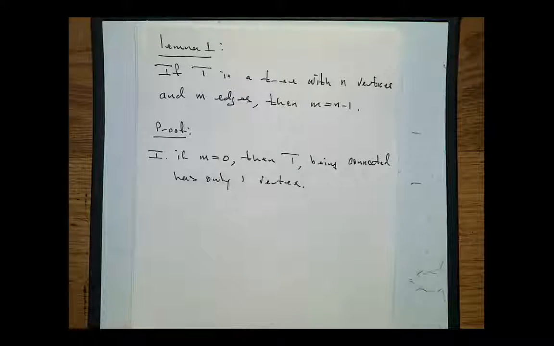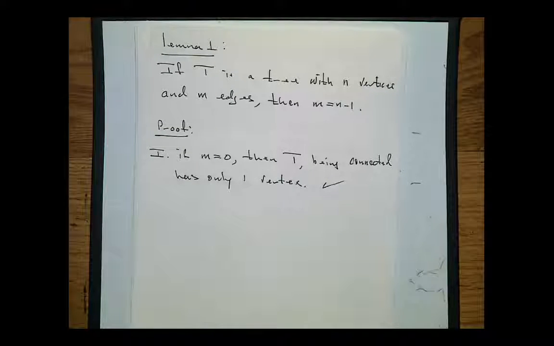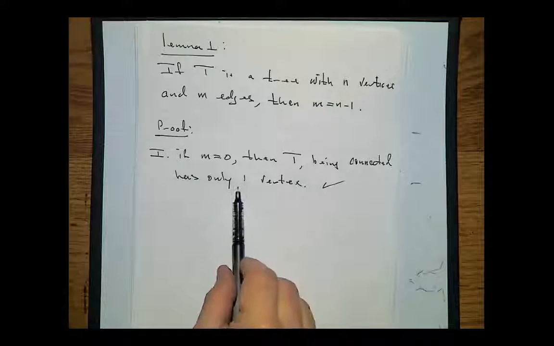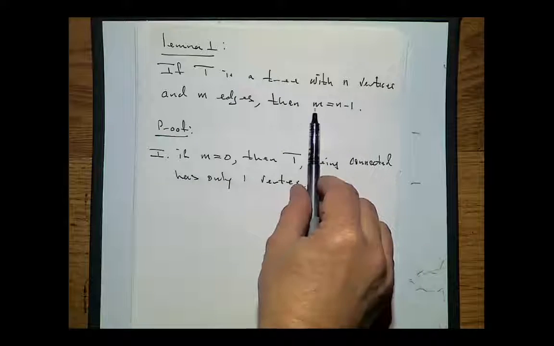Right? If it had two vertices, there'd be no way to get from one to the other, and it wouldn't be connected. So that establishes the base case. Another way of saying this is the number of vertices is one more than the number of edges.